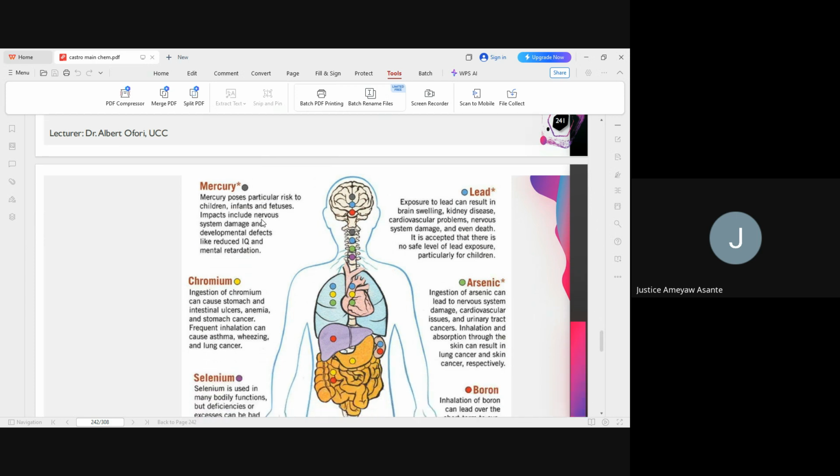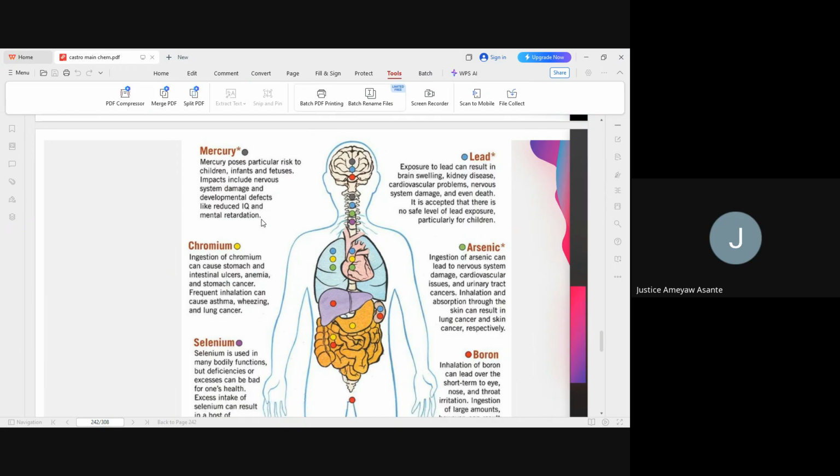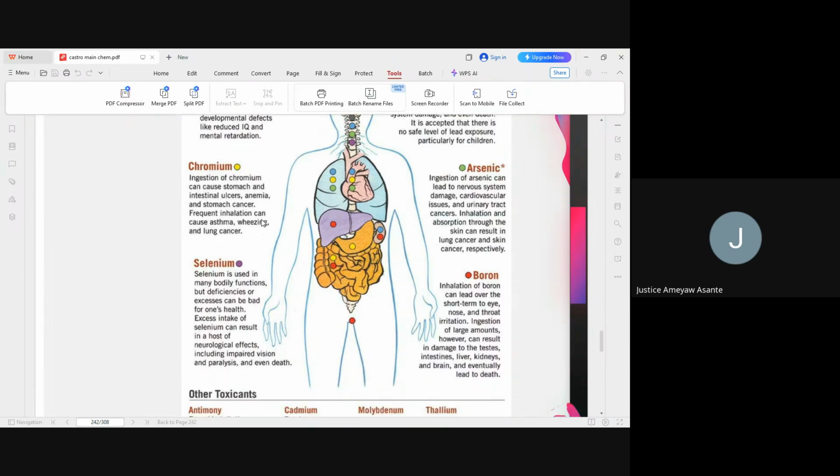Arsenic. Ingestion of arsenic can lead to nervous system damage, cardiovascular issues, and urinary tract cancers. Inhalation or absorption through the skin can result in lung cancer and skin cancer. Boron. Inhalation of boron can lead, over the short term, to eye, nose, and throat irritation.